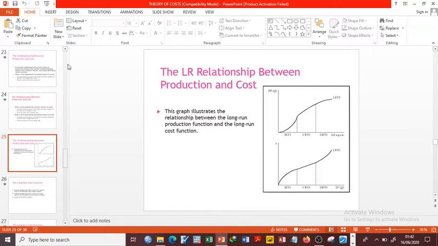But basically in the long run, we notice, just like I've said, that we experience what we call economies of scale. And by IRTS in this particular graph, IRTS means increasing returns to scale, CRTS means constant returns to scale, and DRTS means decreasing returns to scale.